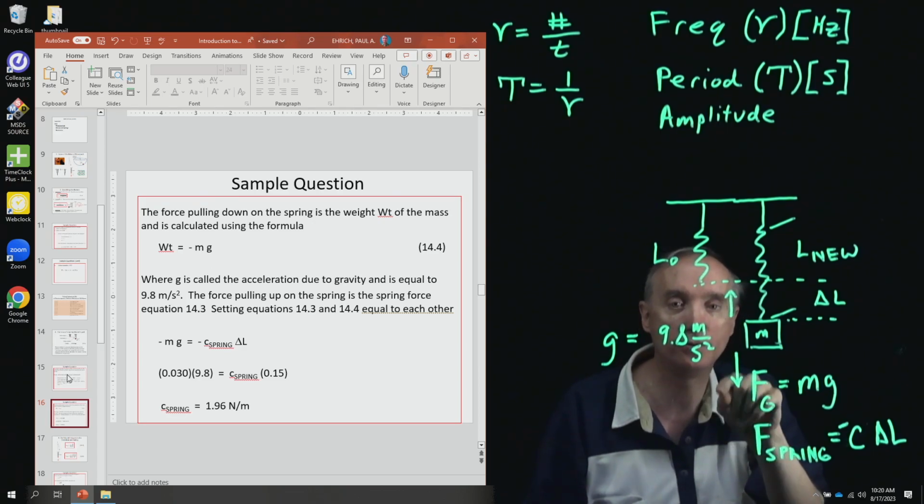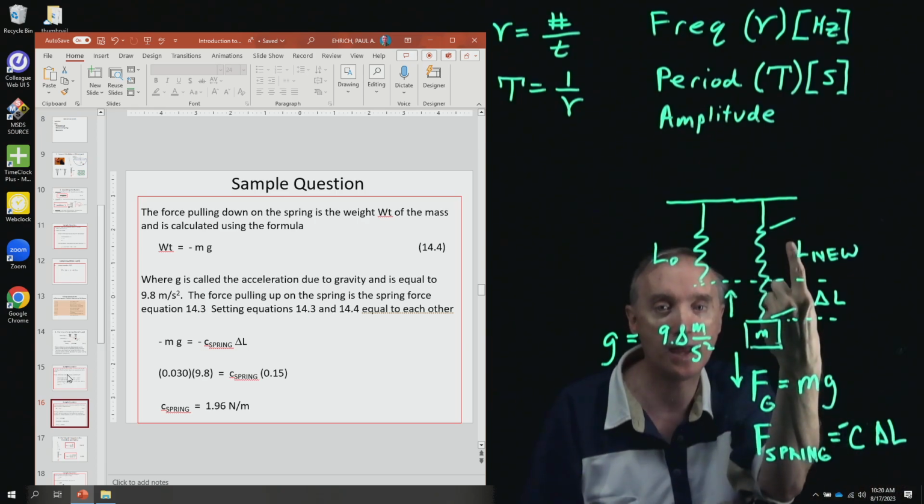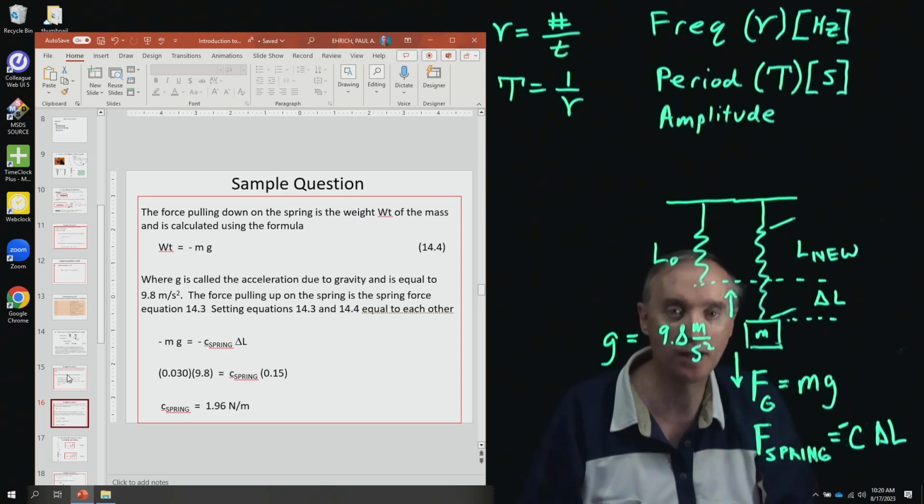That's equal to negative the spring constant times the change in L, which is going up. The two negative signs cancel out. So all we've got to do is plug in our mass, plug in the acceleration due to gravity, the 9.8. We don't know what c is, but we do know that the change in length of the spring was 0.15 meters. Then solve for c, and now we've got the spring constant of the spring.